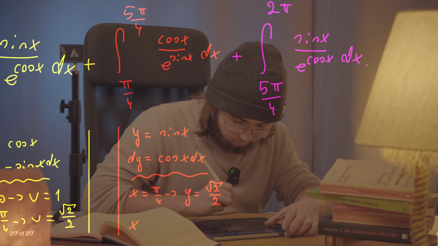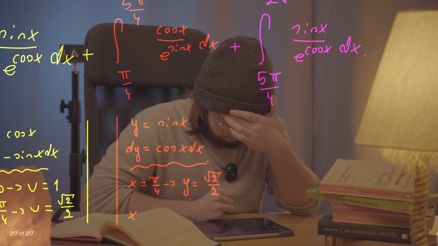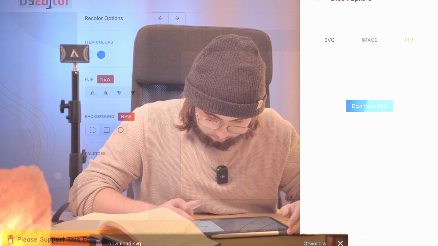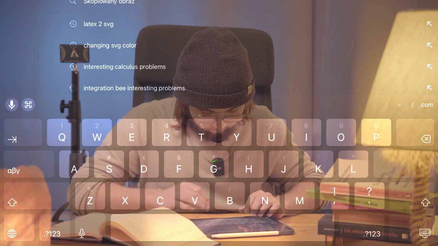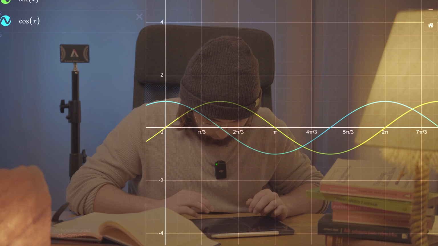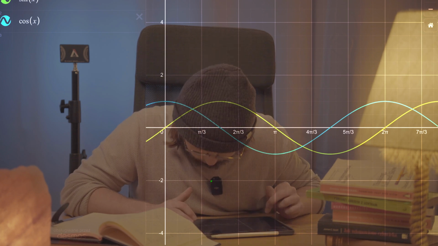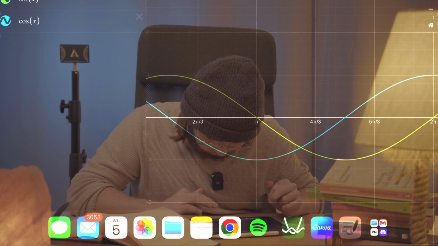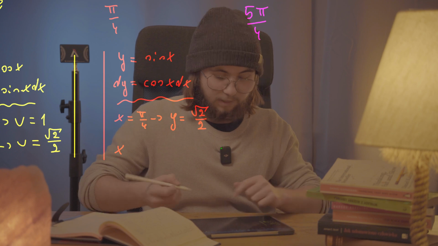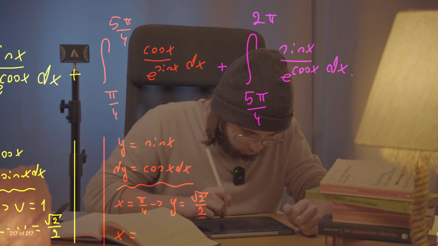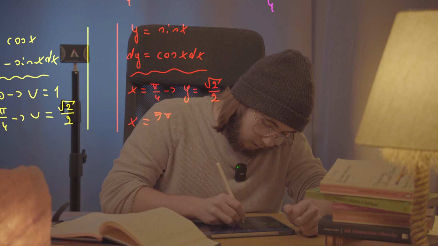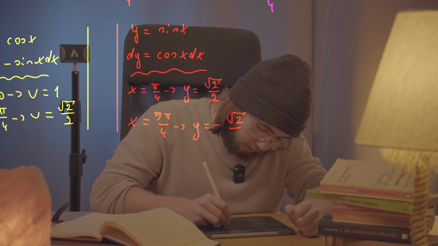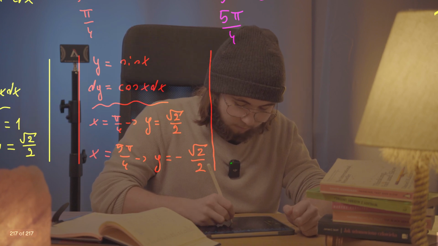And whenever x is equal to 5 pi over 4, let me check it. And whenever x is equal to 5 pi over 4, then y is going to be equal to negative square root of 2 over 2, and those are our bounds right here.